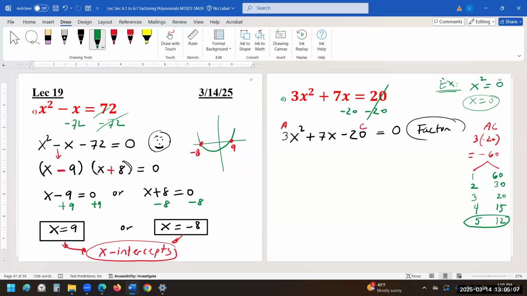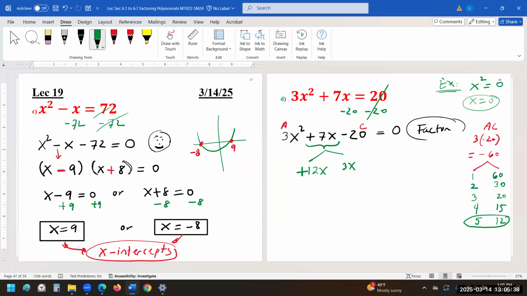But if you see your factors, your life is easy. So we have 5 and 12, but you need to decide their signs. So we have 12x and 5x. But how about the signs? 12 has to be plus because the middle sign is plus.